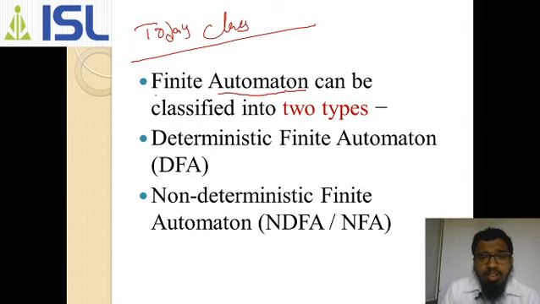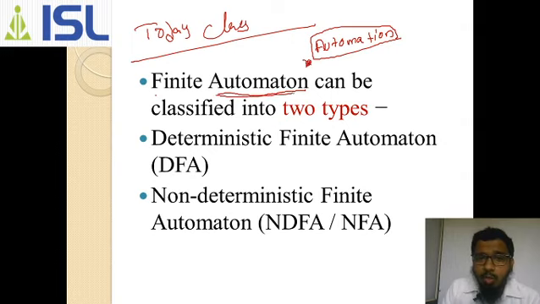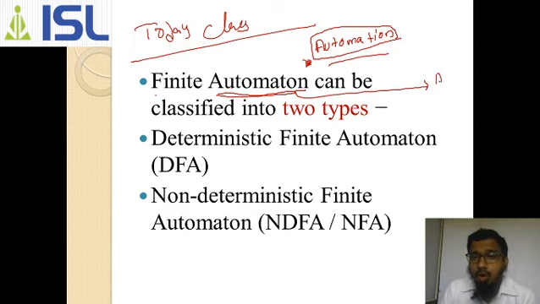Automaton and automata are different. Both are different in meaning. Finite automaton is the singular form of finite automata, and automata is the plural.